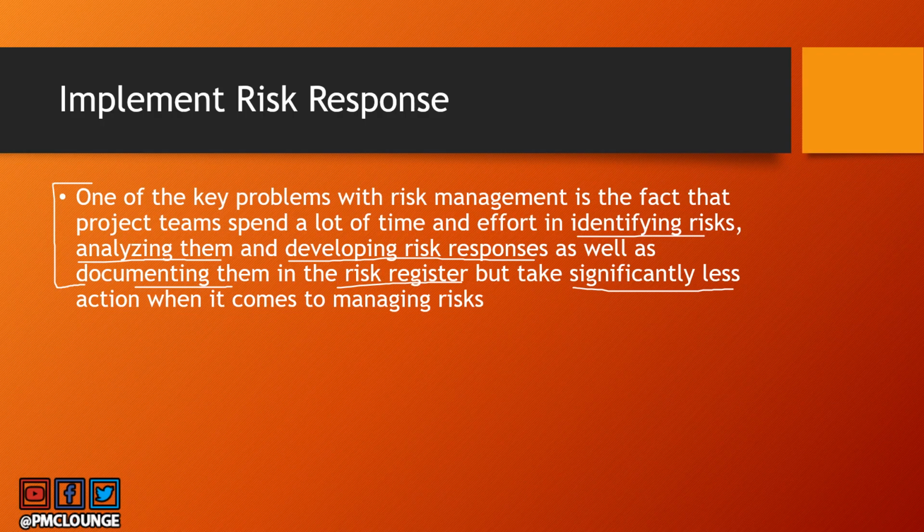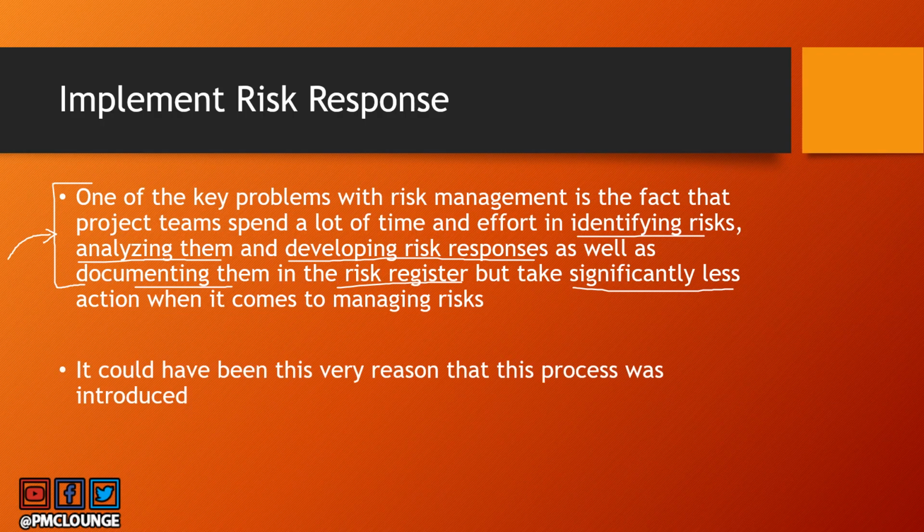So when a risk materializes, managing that risk, implementing the response plan is something the project teams have not been spending a lot of time in, as compared to spending the time in analyzing, identifying, and documenting everything related to risks. And that could probably be the reason why this process, the process of implementing risk responses, was introduced as part of PMBOK Guide Edition 6.